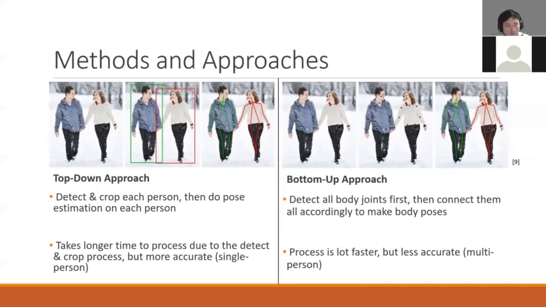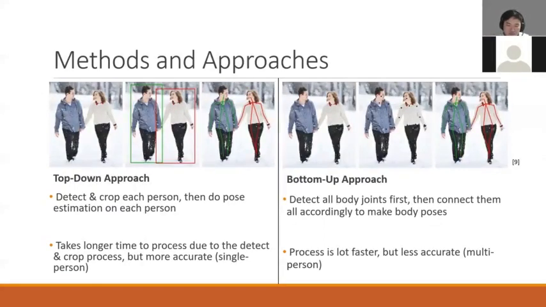The difference between the two approaches is that the top-down approach first detects every person in the image and then crops each person to perform the pose estimation one person at a time, while the bottom-up approach detects all the body joints in the image and then connects all of them by their relations to make body poses.